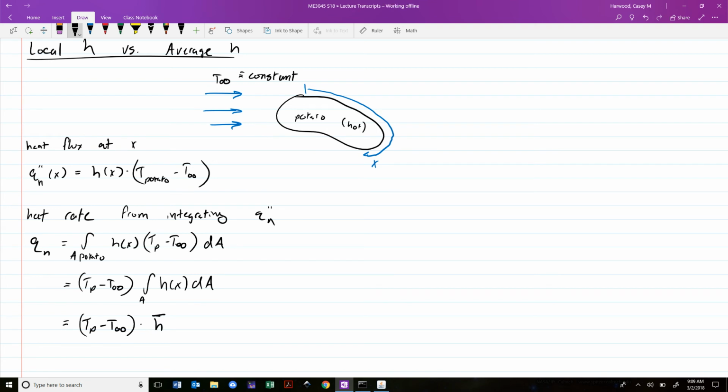Okay, so h bar is known as the average convection coefficient, and is equal to 1 over the area times the integral over the area of h dA.